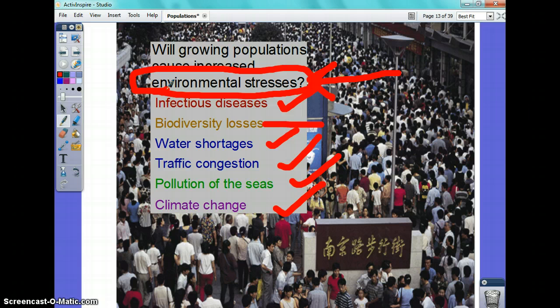Because it's already happening very frequently now. Overpopulation is the leading cause for environmental issues. Because overpopulation, which I told you in the first chapter, is the leading cause of all environmental problems. So at the end of the day, we know that overpopulation is the root cause of all these problems. End of story.